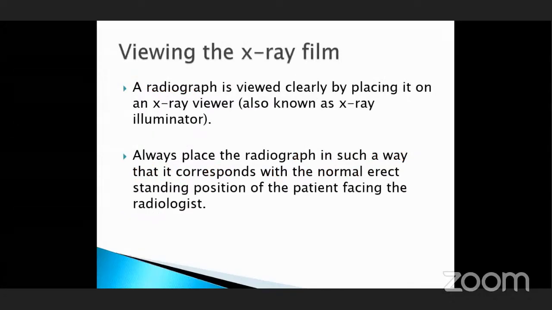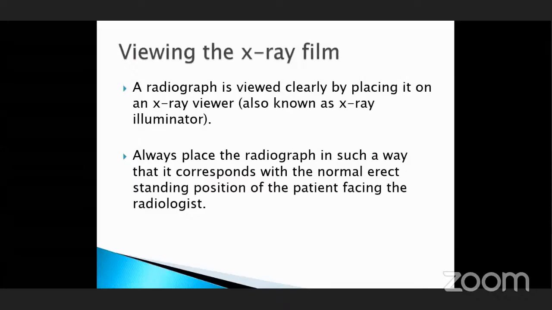Why are two orthogonal views at 90 degree angles needed? Because the radiograph is a 2-dimensional picture of a 3-dimensional organ. With 2 views at 90 degree angles to each other, we can mimic a 3-dimensional image of the area to be radiographed.